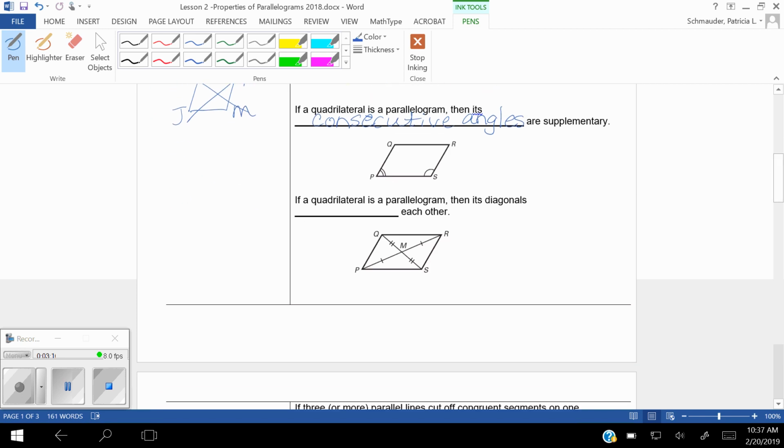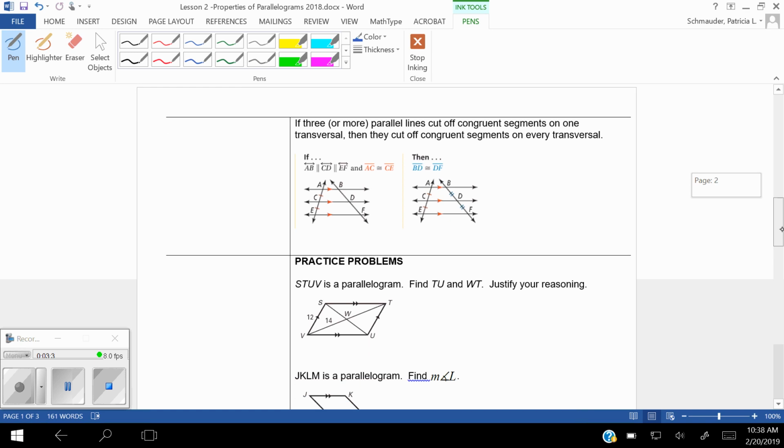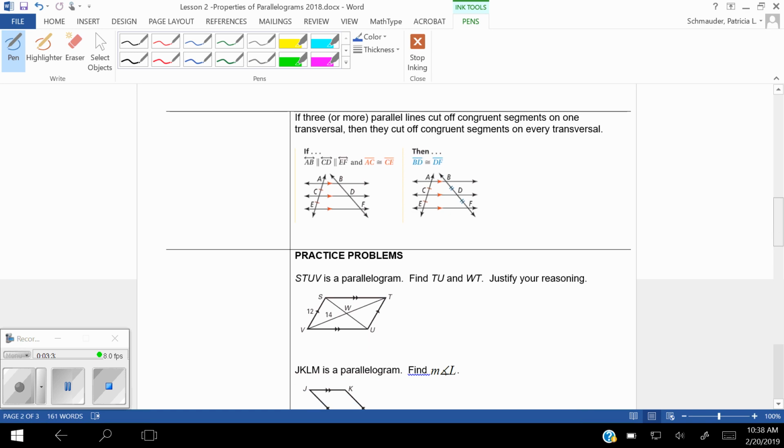Okay, next theorem says, if a quadrilateral is a parallelogram, then its diagonals will bisect each other. That's a good one. Doesn't say the diagonals are congruent. It says that they bisect each other. And then we've got this final theorem here before we do some practice problems that says if three or more parallel lines cut off congruent segments on one transversal, then they cut off congruent segments on every transversal.